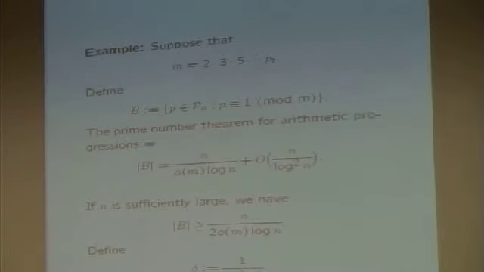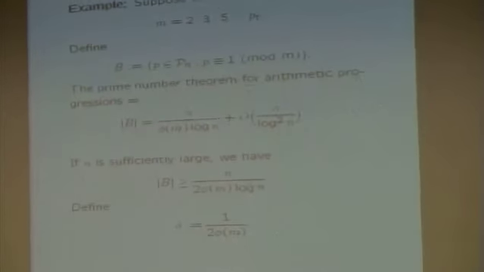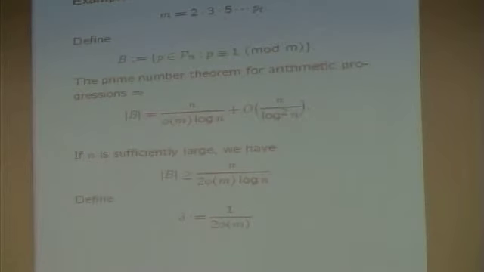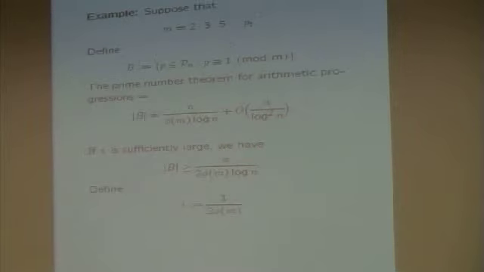If we take N sufficiently large, then the size of B is 1 over 2 phi of M times N over log N. So then we take delta to be 1 over 2 phi of M, and we have a subset of the primes with positive relative density.